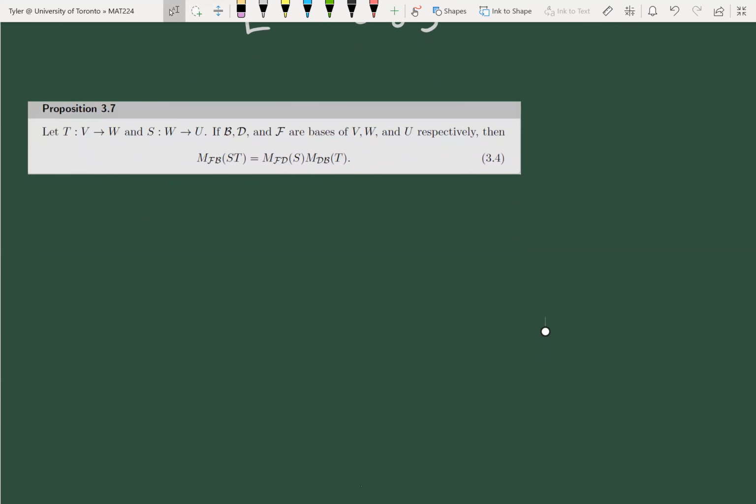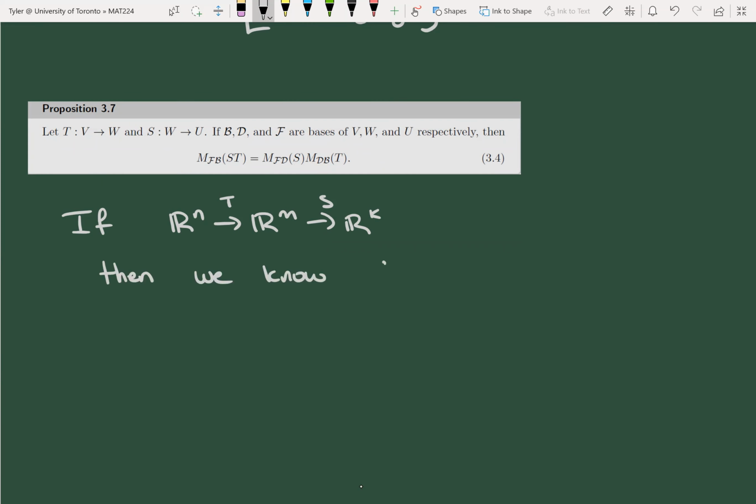So what I want to say here is if we had something like this, Rn to Rm to Rk, and this was T and this was S, right? Then we know ST, as a map from Rn to Rk, has a matrix representation.